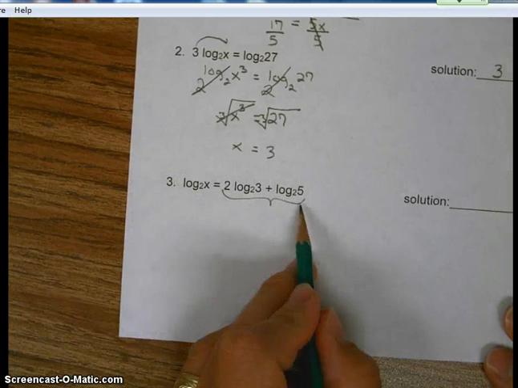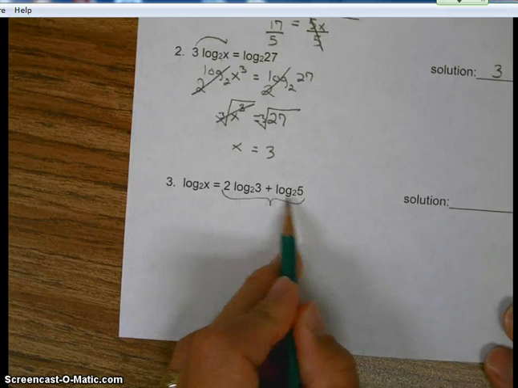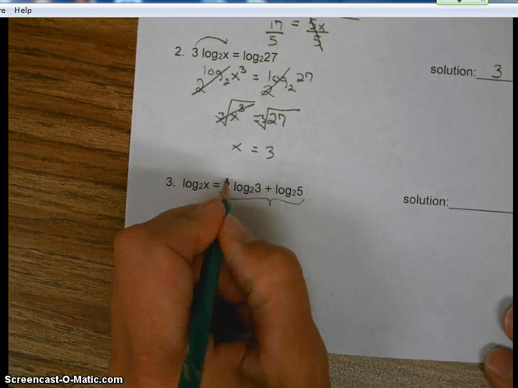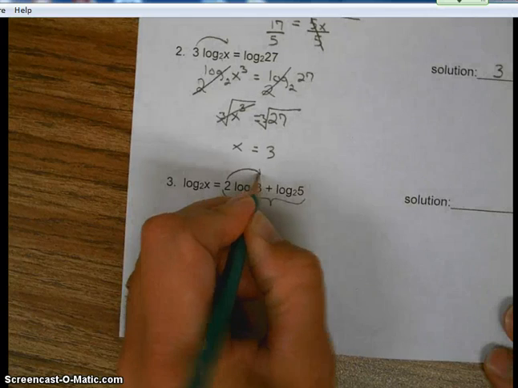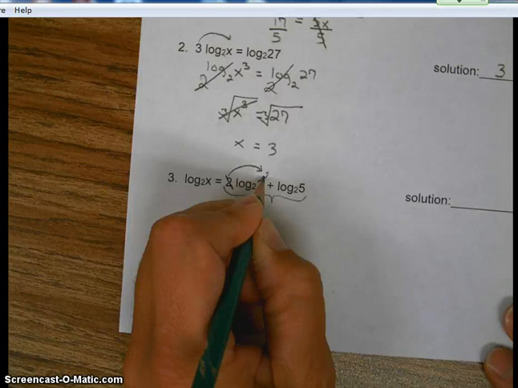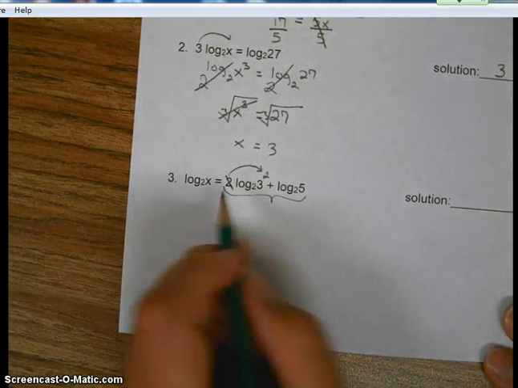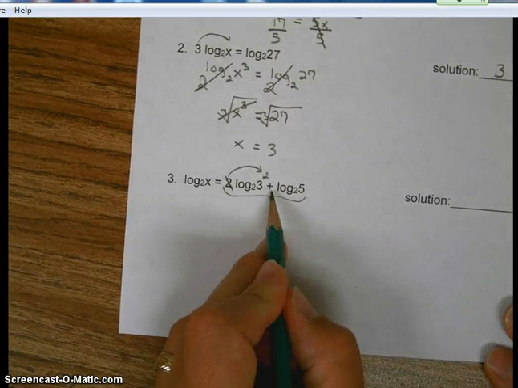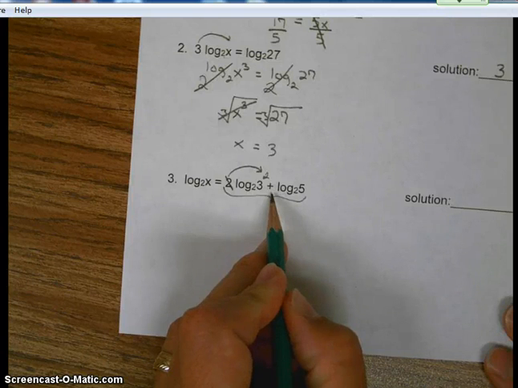Remember that when consolidating or condensing, we have to first move any exponents up on top. Okay, so that 2 moves up on top. And then adding means to multiply.